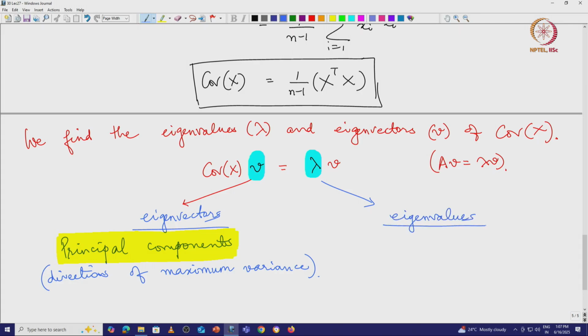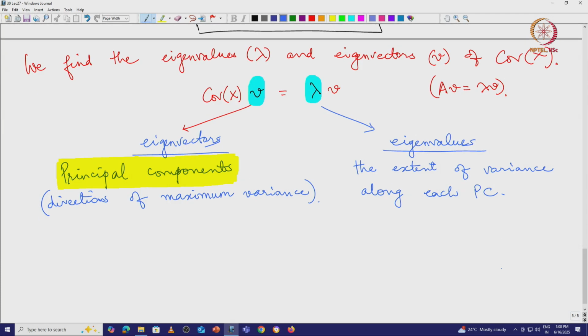So, these eigenvalues tell you the extent of data variance, right, along each principal component or PC. So, what this implies is that the highest eigenvalue's eigenvector, that is the first principal component.